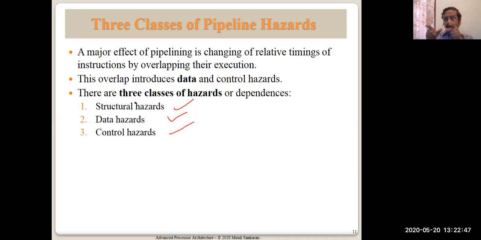The program counter has to be modified when the control instructions are seen in the code. So far we have seen data instructions, all arithmetic instructions and load store instructions, but we have not seen any of those control instructions which change the value of the program counter.